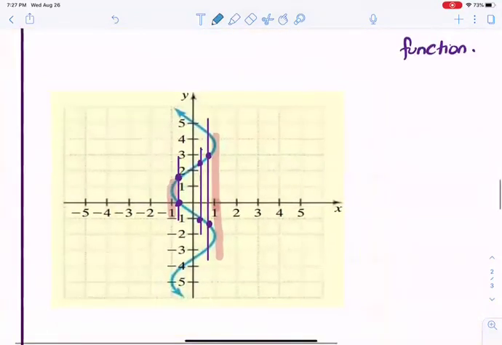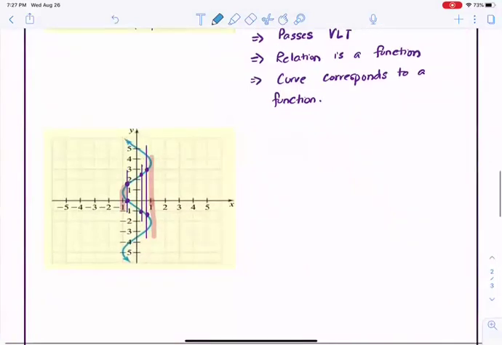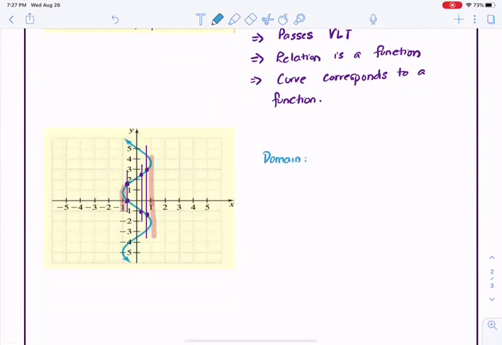So I can conclude that the domain is the set of all x values between -1 and 1, including -1 and +1.